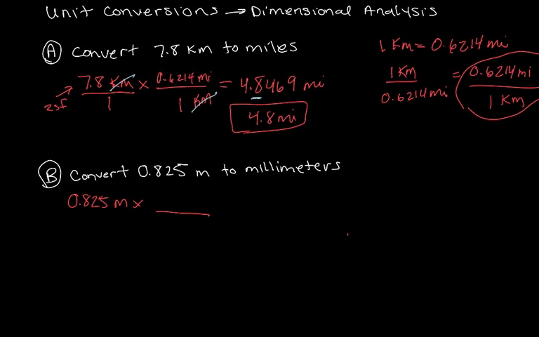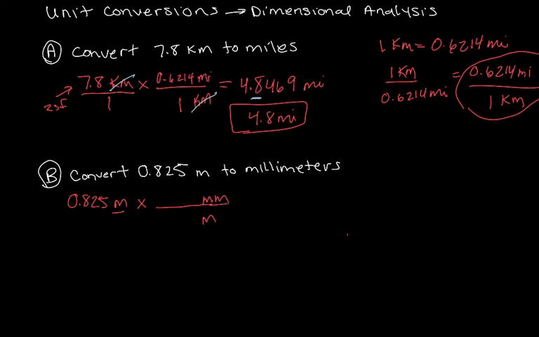And here, since meters is on the top, we're going to put meters on the bottom, and our desired unit of millimeters is going to go on the top. So our meters are going to go on the bottom and our millimeters on the top.